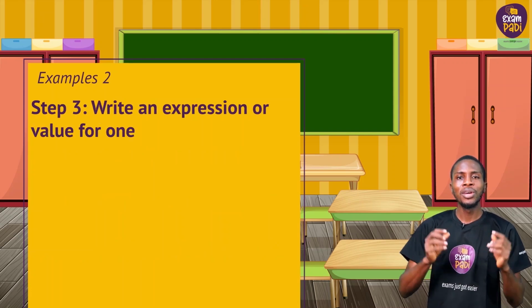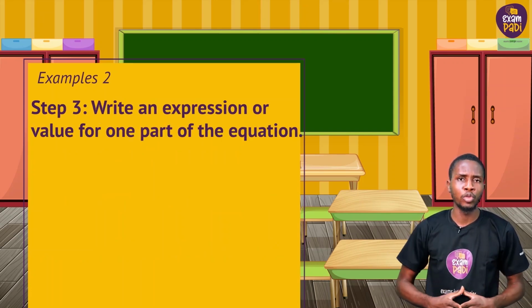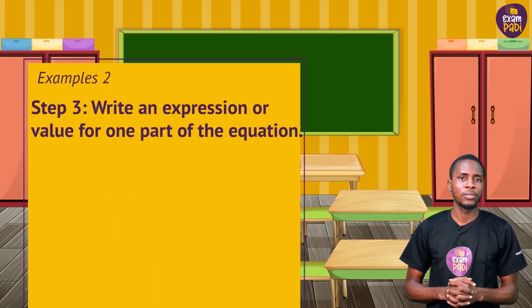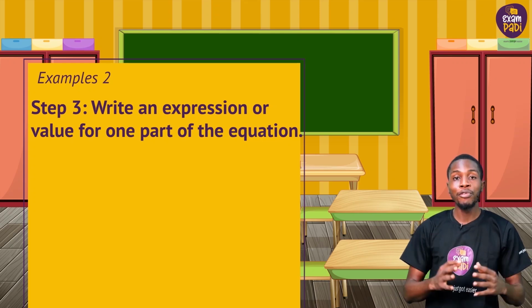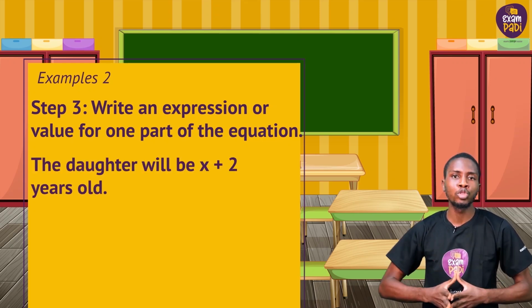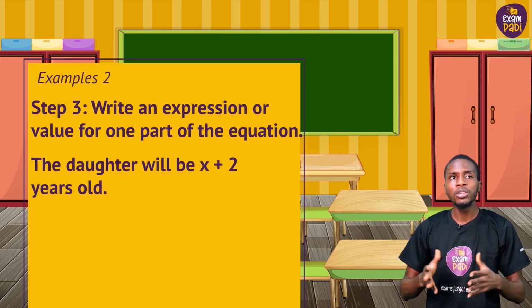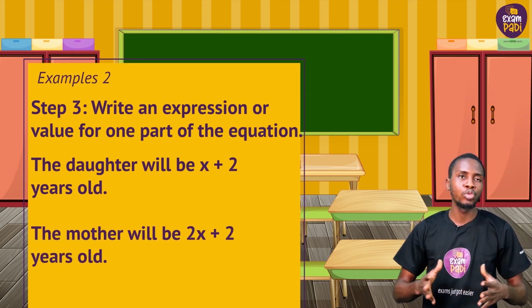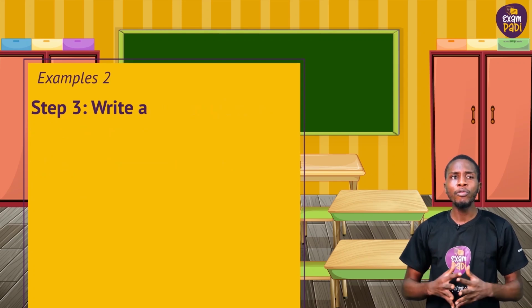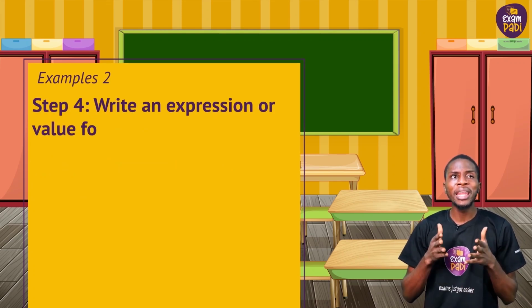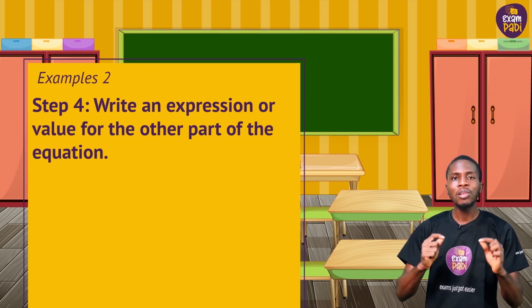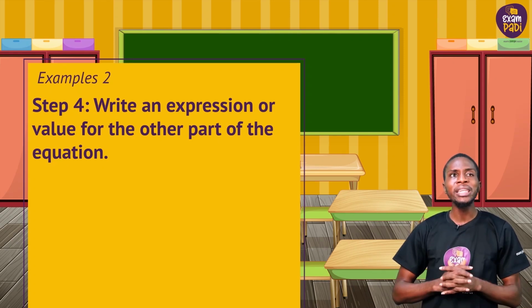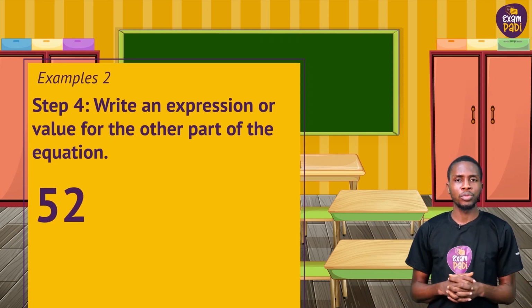Step 3. Write an expression or value for one part of the equation. One phrase refers to their ages in 2 years. Therefore, the daughter will be x plus 2 years old, while the mother will be 2x plus 2 years old. Step 4. Write an expression or value for the other part of the equation. Another phrase says their combined ages will be 52.